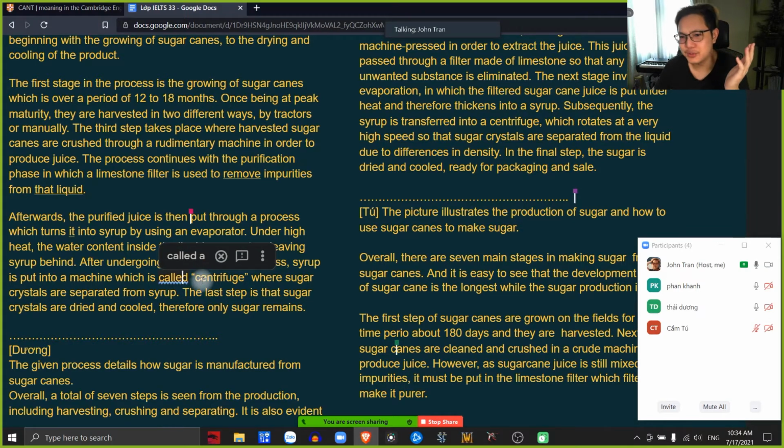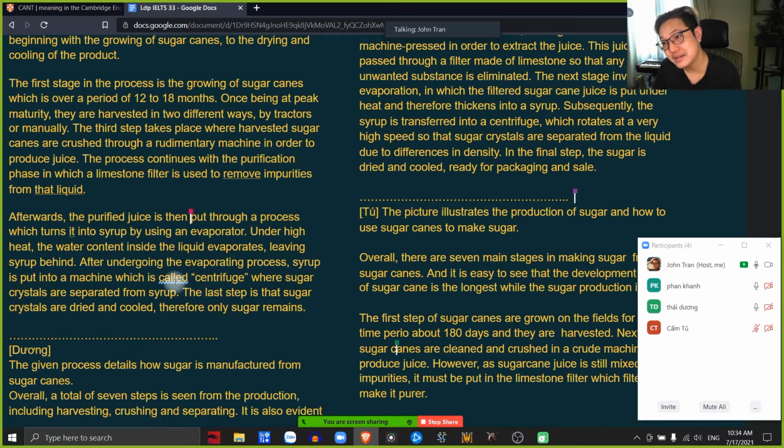Which is called centrifuge. You don't even need to put a in here. Sometimes Google Translate they suggest something that is not necessary. Đôi khi Google Doc này nó nhắc đến, nó tham khảo, đưa cho mình những cái gợi ý nhưng mà nó không cần thiết lắm để thay đổi.